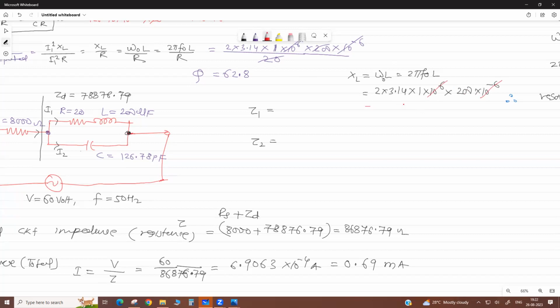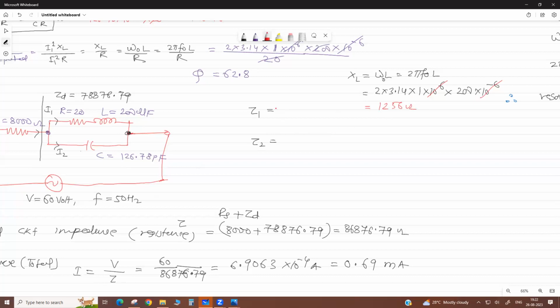Now what does XL come to? 2 into 3.14 into 200. It comes to 1256 ohm.